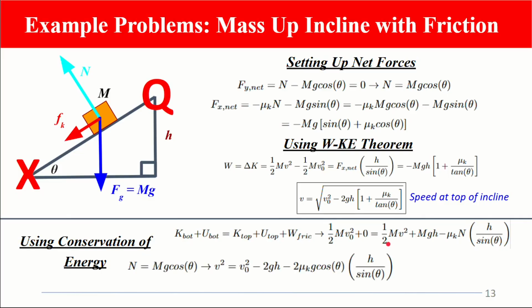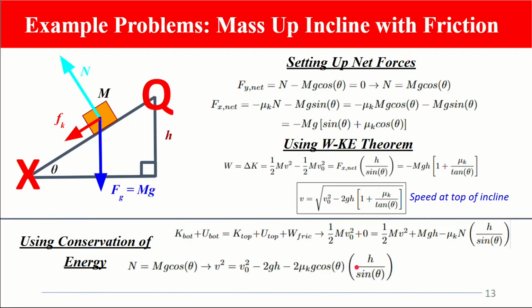And if you were to rearrange this and also consider the normal force, mg cosine of theta, you would find that this whole equation can reduce down to v squared is equal to v naught squared minus 2g h minus 2 mu k g cosine theta times h over sine theta.